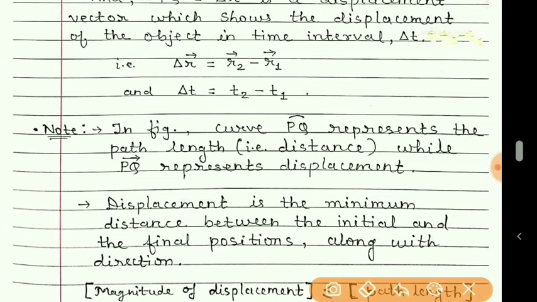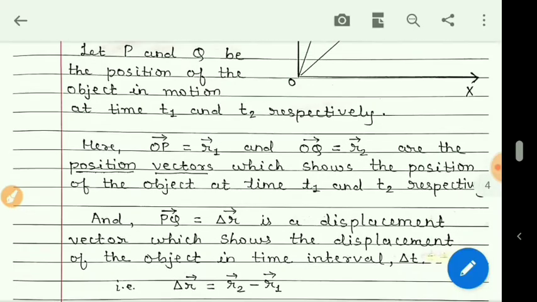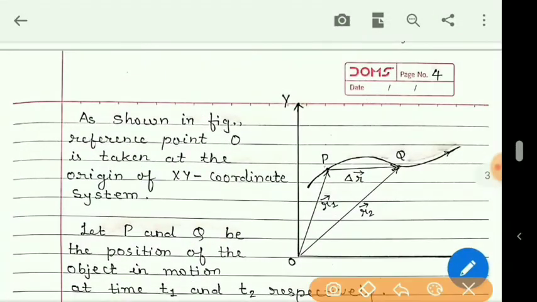Students, you know that the curved path represented in the figure, this curved path along PQ, is the path length. It is called the path length of the object which is in motion. But when we draw a straight line from P to Q, then that is displacement.